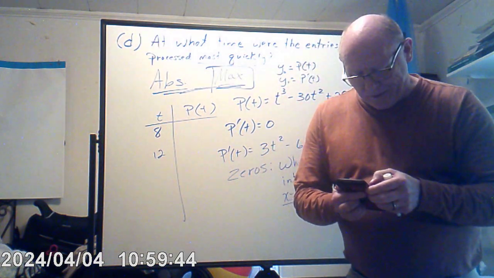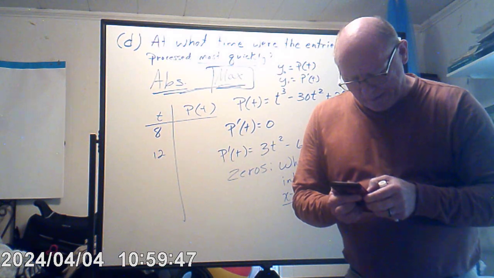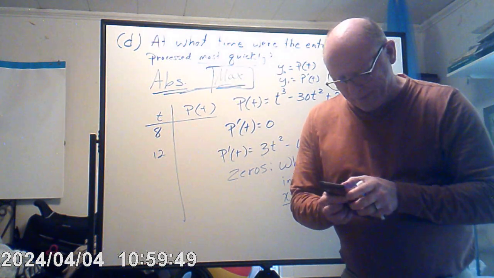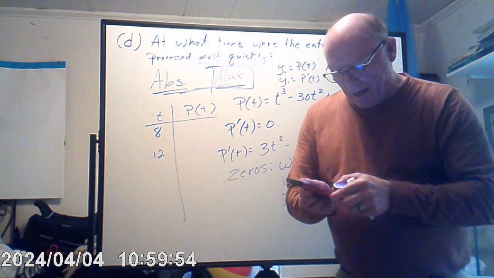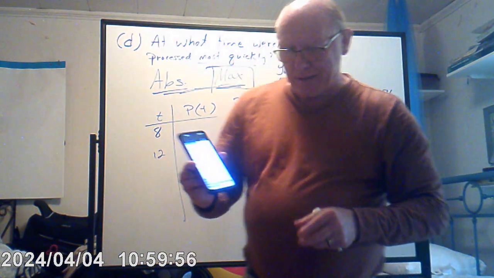I did that on the second graph, and there it is over here. I don't know if you can see that right there. Let me show it up close. There is the graph, and you can see that there's one part between 8 and 10 crossing the x or t axis, and then one after 10.